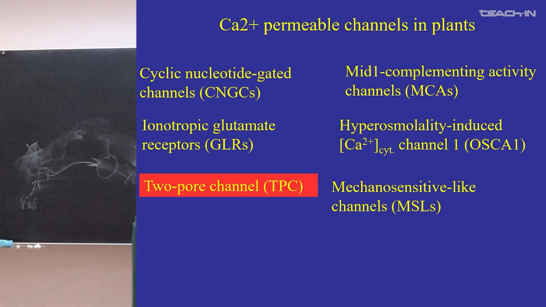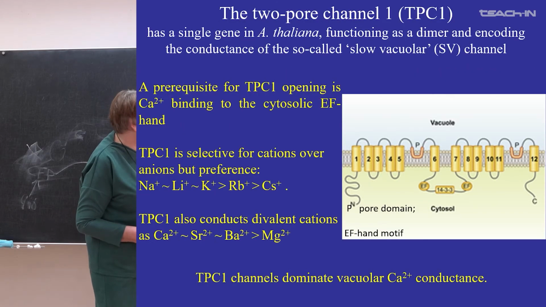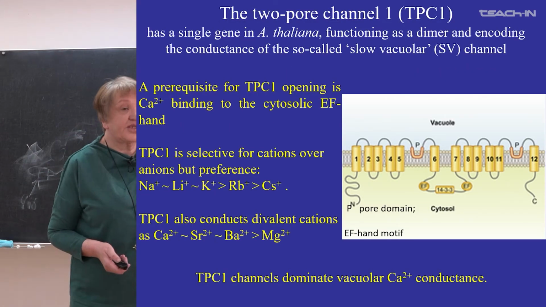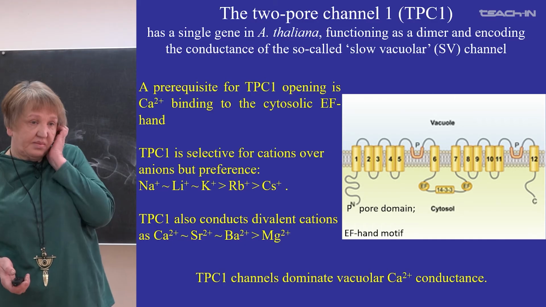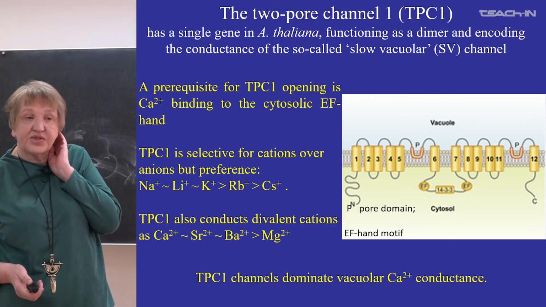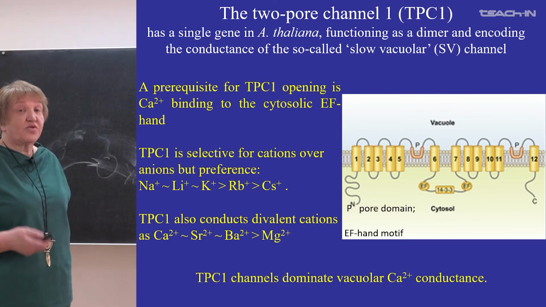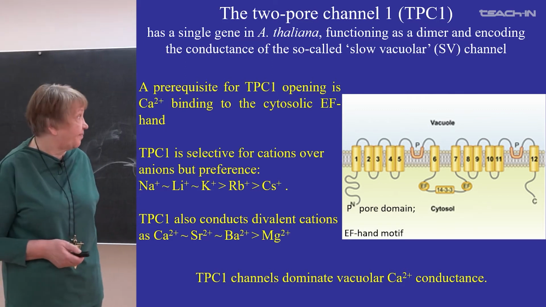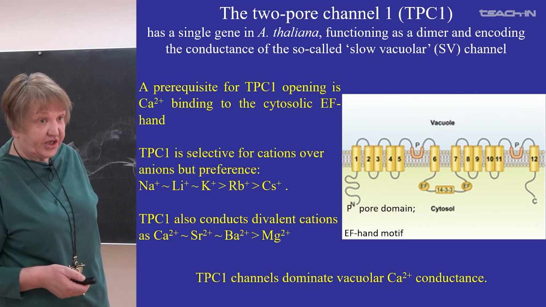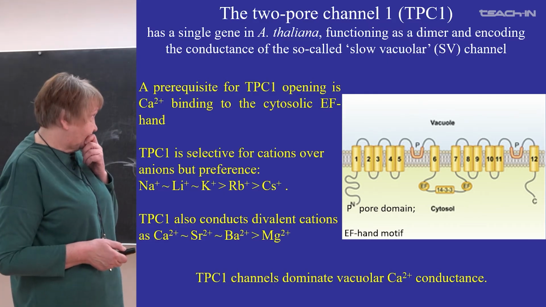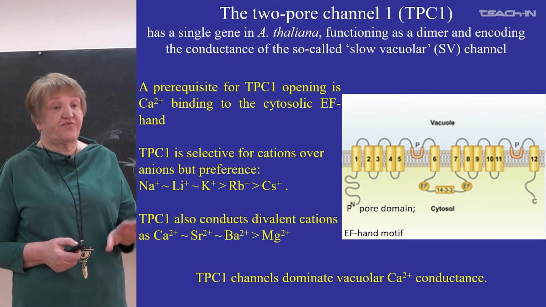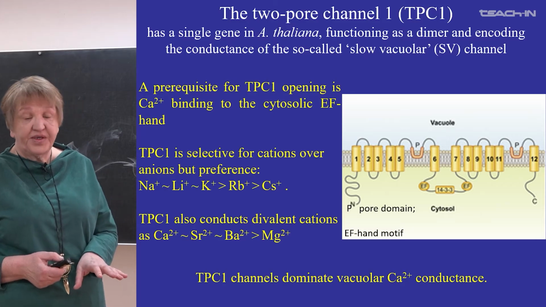So now we are going to talk about two-pore channel, and it has a single gene in Arabidopsis, and it functions as a dimer, and it's got the so-called slow vacuolar conductance, slow vacuolar channel. There is a prerequisite for opening of this channel.